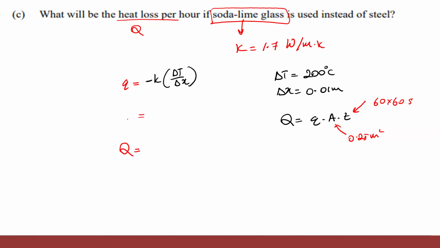So simple Q will be 34,000. Yes, that's right. And then 3.06 times 10 to the power. Do we all get this? They are not hard, they are easy. Can you look at this?